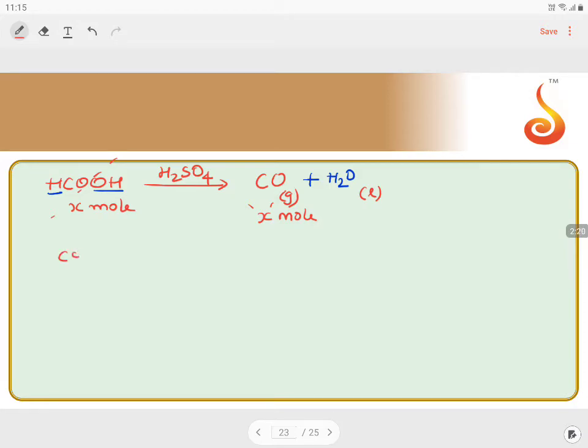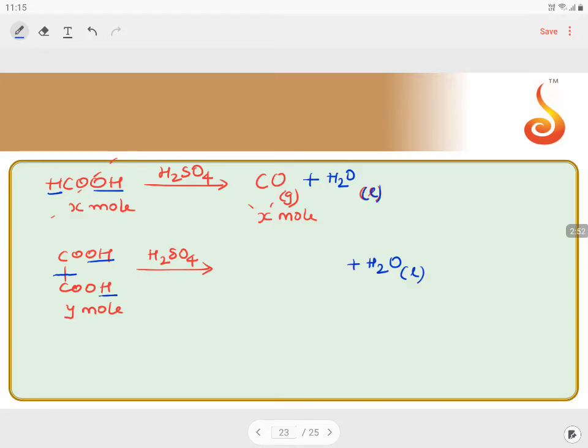In the same way, let us consider (COOH)2 as Y moles. Y moles of oxalic acid react with H2SO4. The role of H2SO4 is to remove water, and the C-C bond breaks. H2O is formed as a liquid.